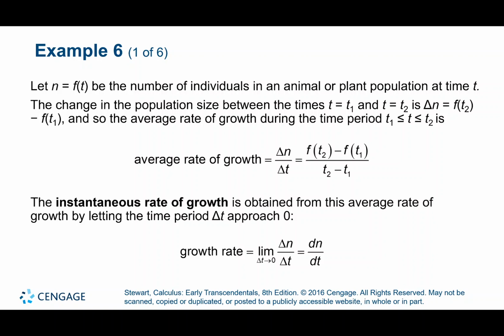We need to take the limit and get the derivative to get our instantaneous rate of growth. You can talk about averages, but sometimes we want to know the instantaneous value. And it kind of gets ignored if you're not already initiated into calculus.